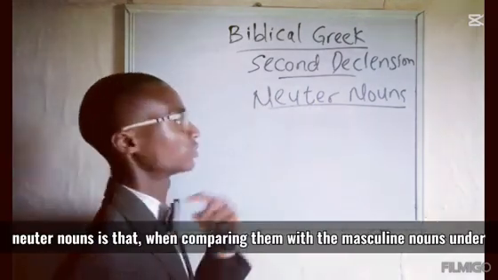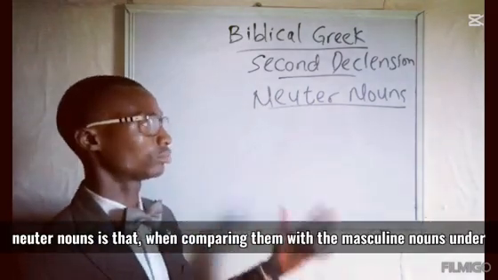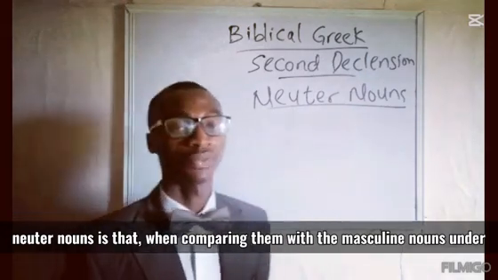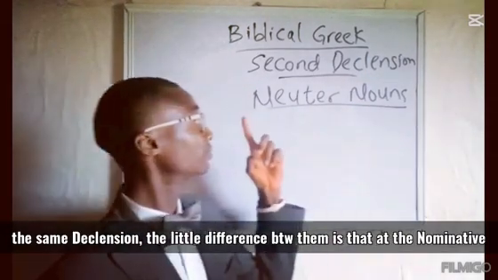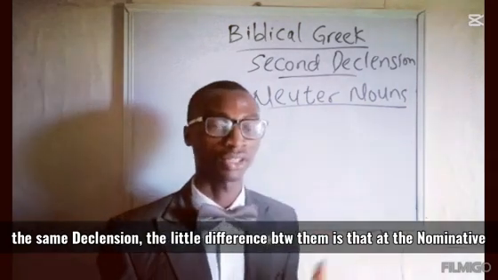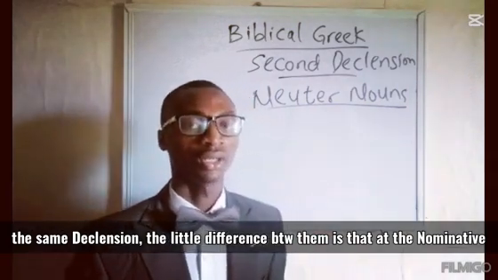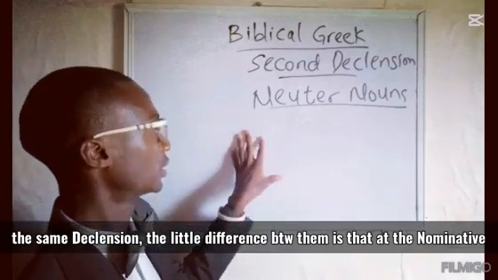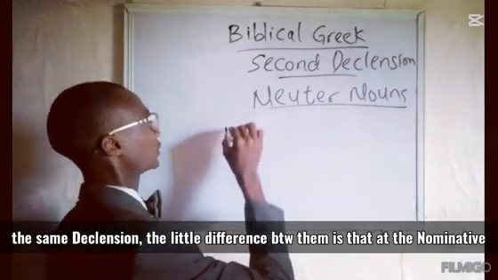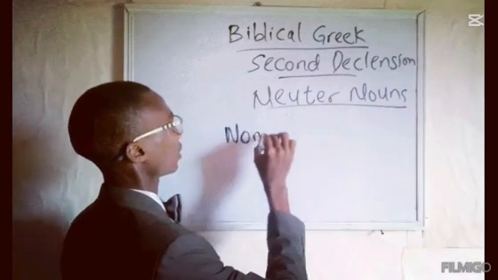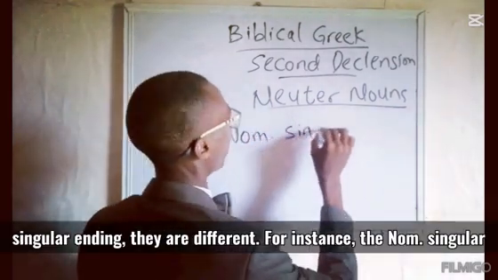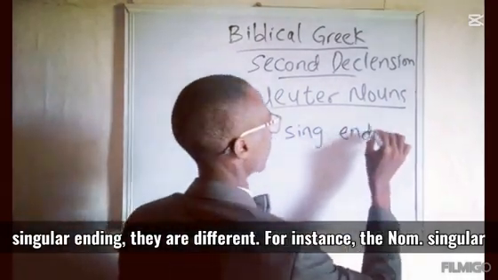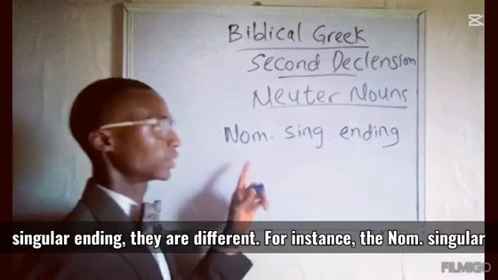One thing to note about the neuter nouns, when we are comparing and contrasting them with the masculine nouns under the same second declension, the little difference is that the nominative singular ending is different.